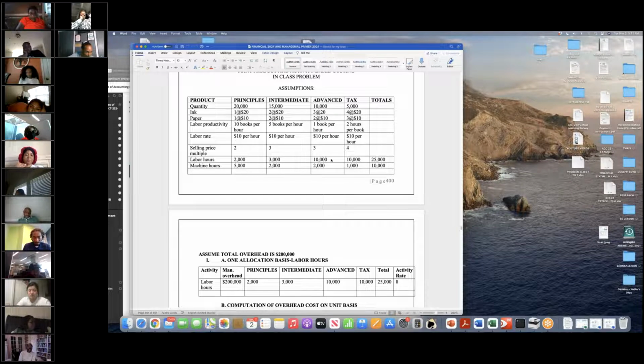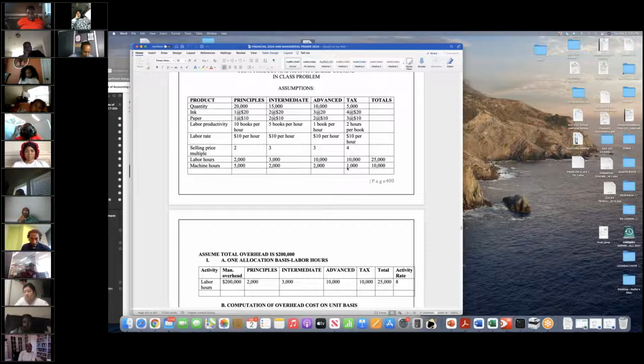It takes an hour to make each one, so it is 10,000. The tax book takes 2 hours to make. We make 5,000, so it's now 10,000. So you see all of those scenarios with the labor hours, where we can make more than 1 an hour, 1 per hour, up to where it takes 2 hours. So it pulls all those things together. And we have 25,000 hours.